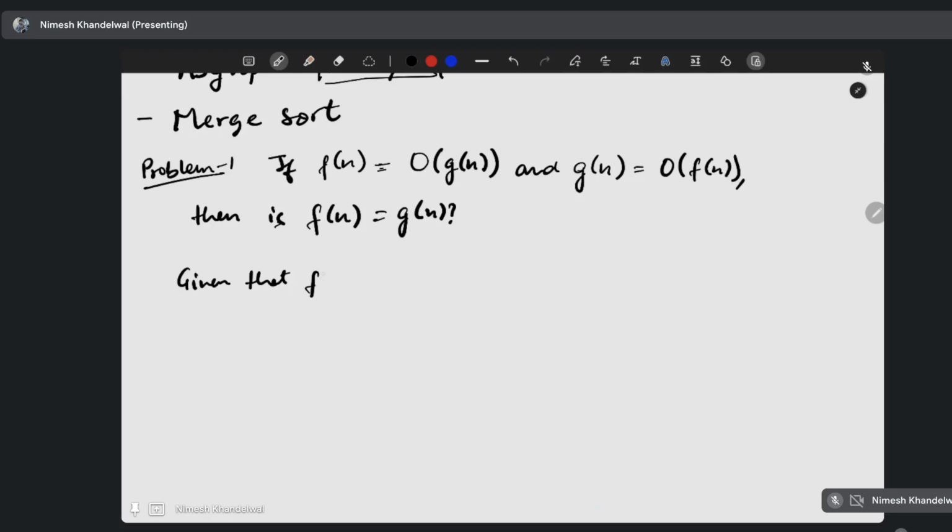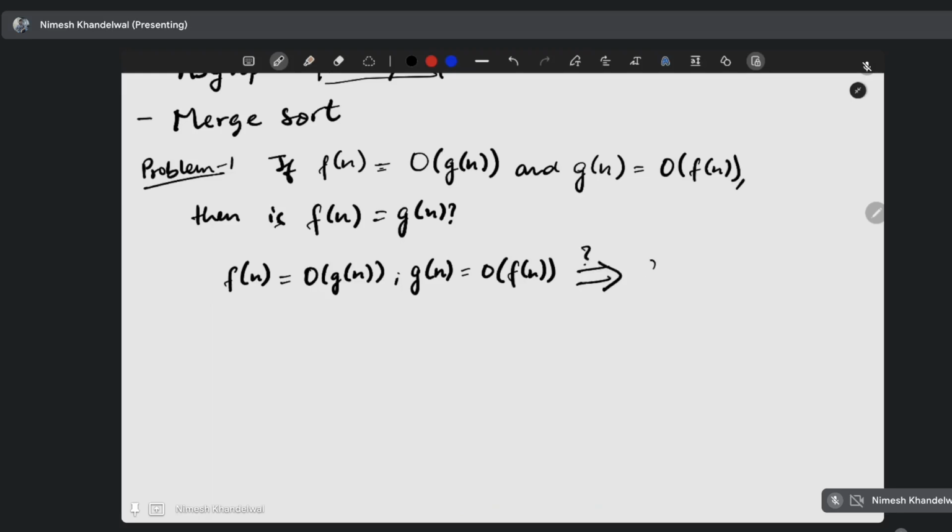We can write it in mathematical notation as O of g of n combined with the other condition O of f of n. So these two, do they imply that they must be the same functions? So if they have the same order, they must be the same functions. Is this true or false?